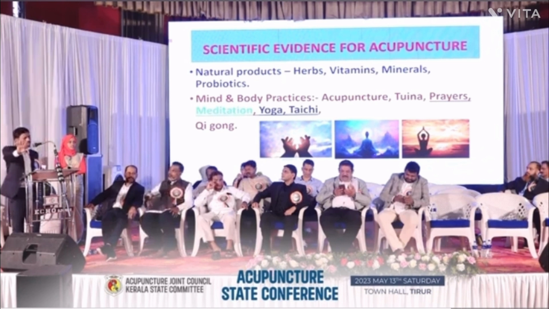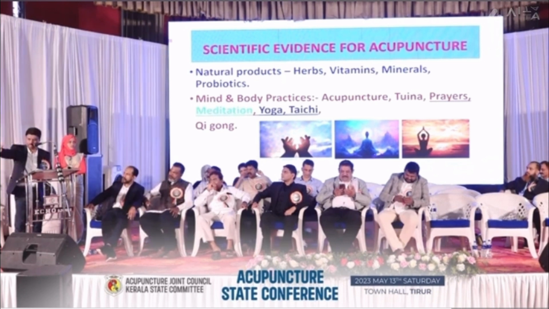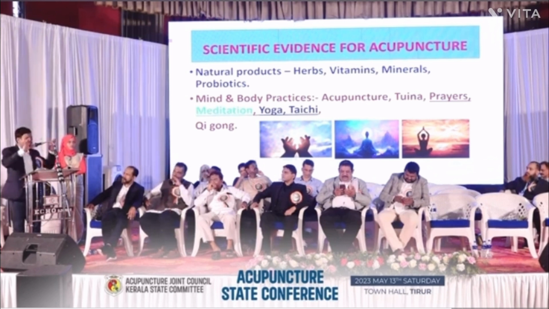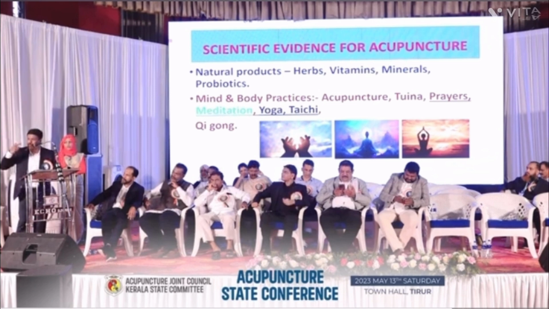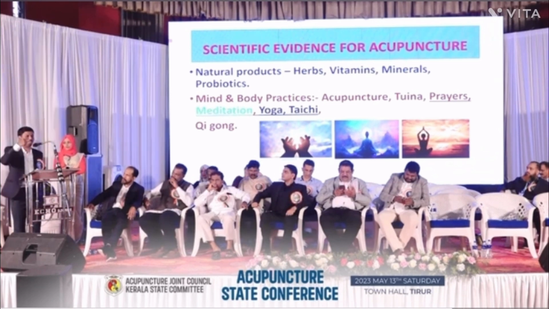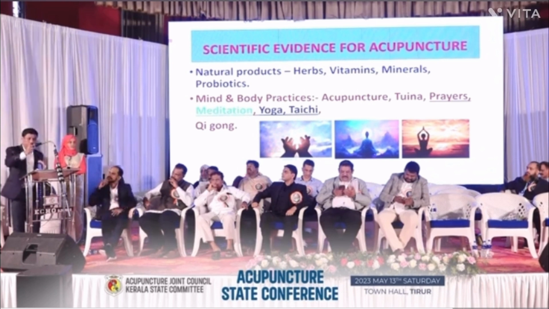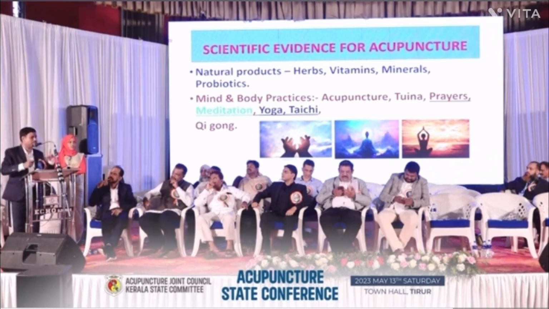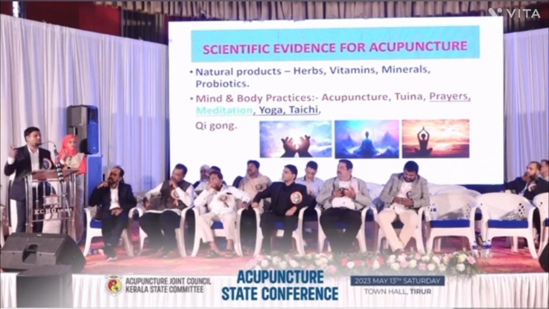Also whatever you are eating, because in our curriculum we study only acupuncture, only meridians and then points. But apart from that, what kind of food is required, to tell the patient? Two concepts: what kind of calories are required for your body system, and what kind of minerals and herbs are required for our body system. We don't know.